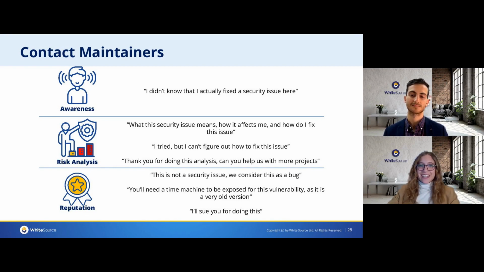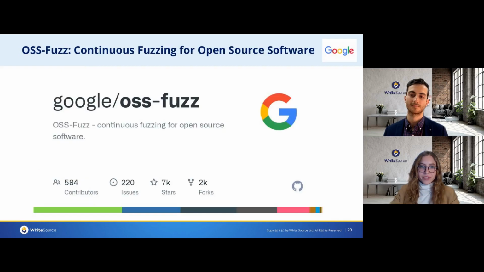Next, let me introduce you to the next tool that you can use in order to assimilate security scanners in your software. OSS Fuzz, Continuous Fuzzing for Open Source Software. OSS Fuzz is a popular solution developed by Google for continuous fuzzing and detecting security issues within your software.